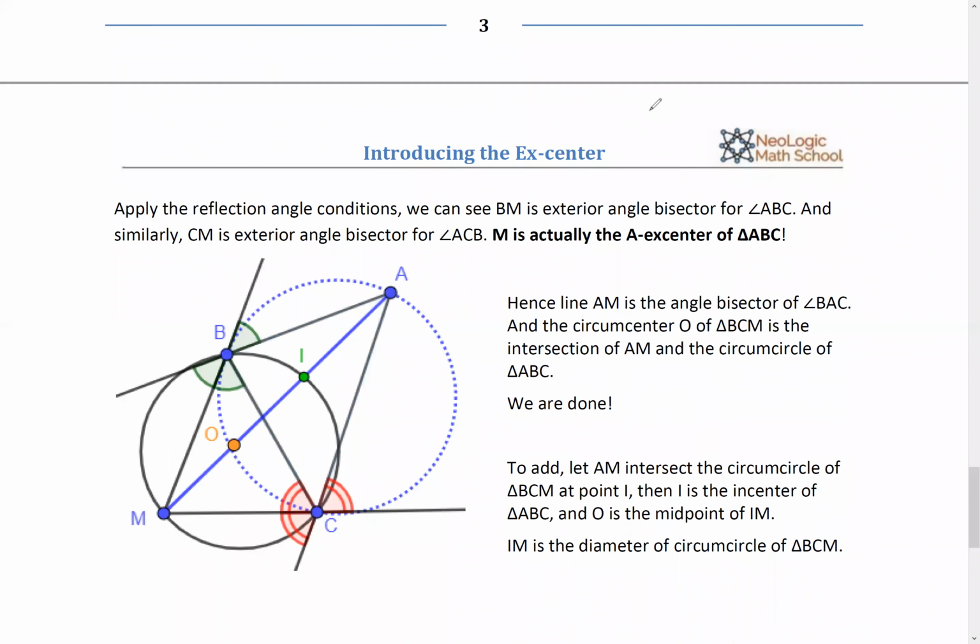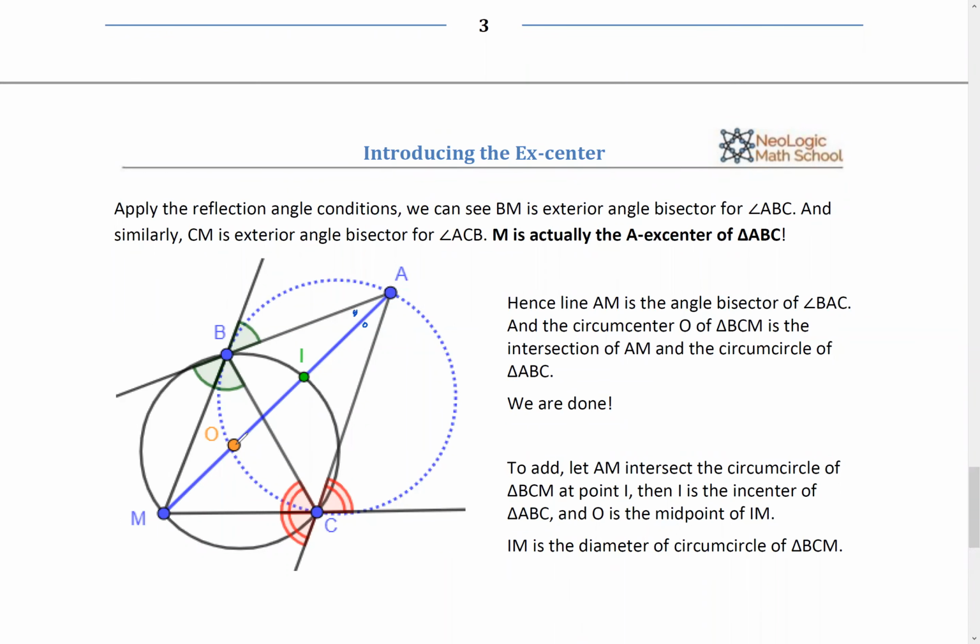Why? Because as we know, the theorem tells us that the circle of BCM has diameter IM, where I is the incenter for ABC. IM is the diameter, and O is the midpoint of IM. O obviously lies on AM. AM is the angle bisector.